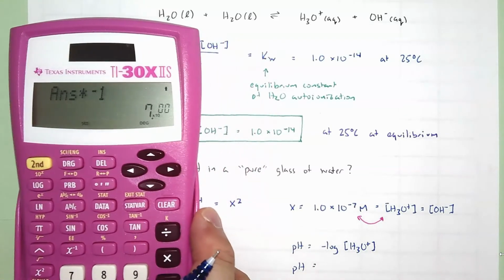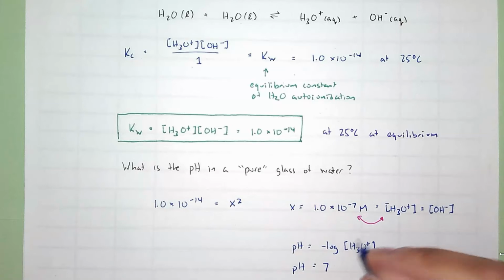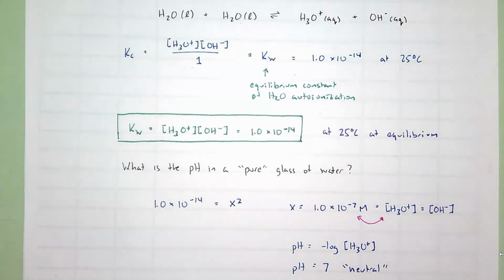Does that sound familiar? That's neutral. So at pH 7, we are literally saying that the concentration of H3O+ equals the concentration of OH-, again at 25 degrees C.